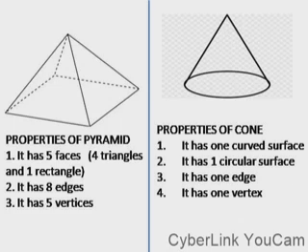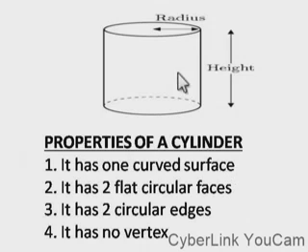Now let's move to the next one. This is a cylinder. Alright, so the first property of a cylinder, it has one curved surface, just like that of a cone. So one curved surface, just round this shape. Then 2, it has 2 flat circular faces. You can see a circular face here and also another circular face here.